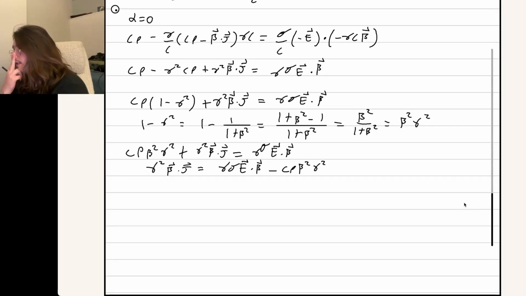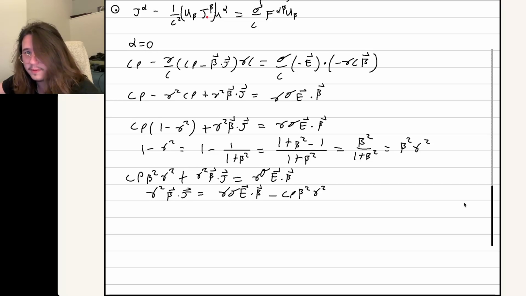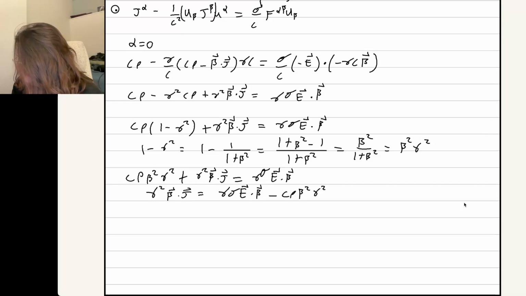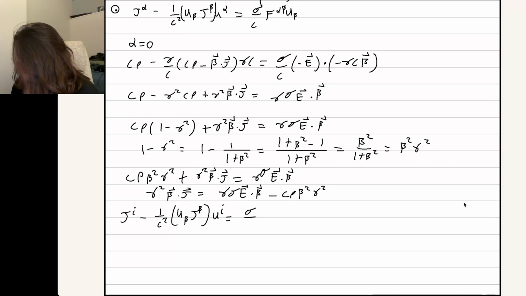Because now we're going to look at the space components of this equation all the way up here. So we have j i minus 1 over c squared u beta j beta u i equals sigma over c F i beta u beta.